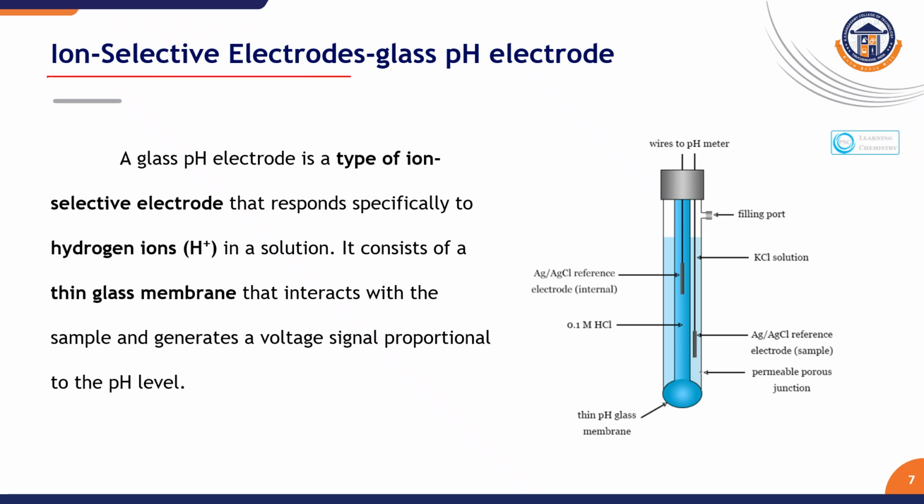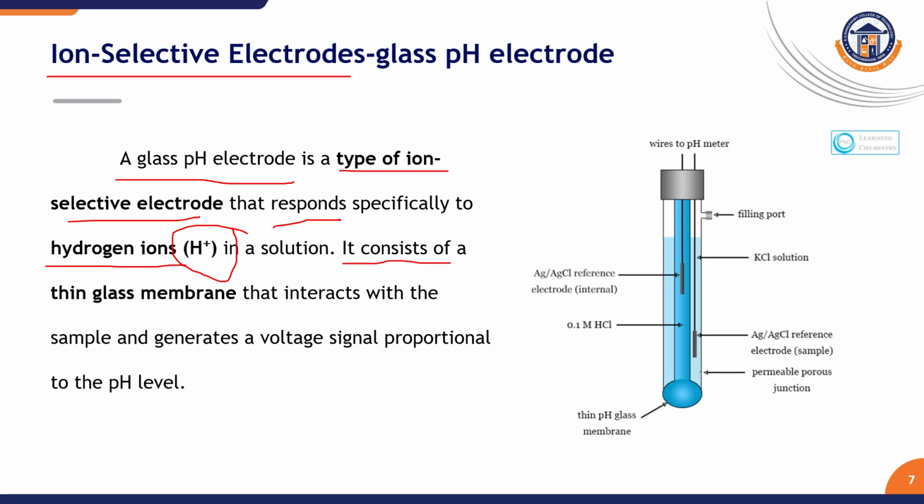An ion selective electrode identifies only certain ions, selectively. A glass pH electrode is a type of ion selective electrode. It responds to H plus ions, that is, hydrogen ions in a solution.